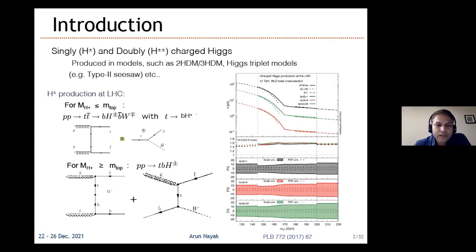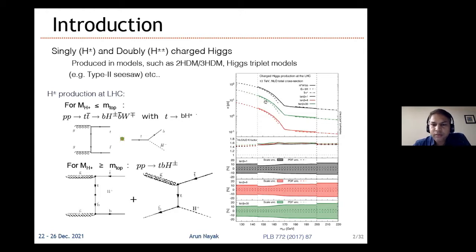On the other hand, when the charged Higgs boson is heavier than the top quark, it can be produced in association with the top quark, like going to t, b, and H plus, or gluon and b going to t H plus.